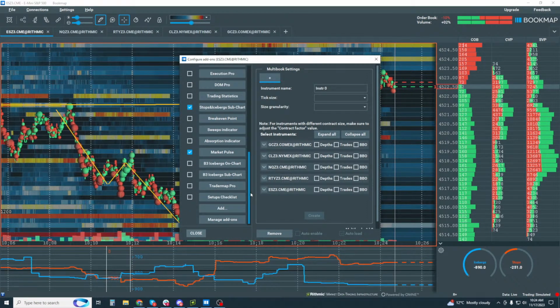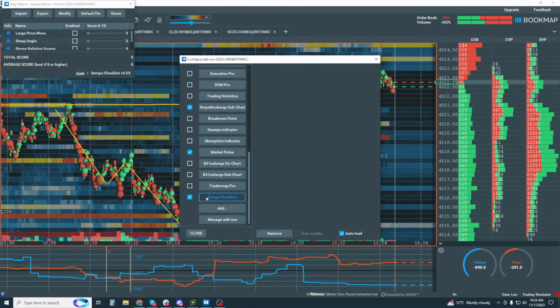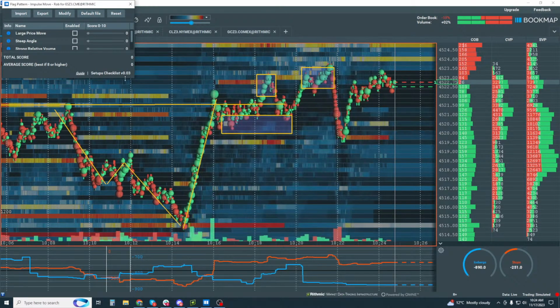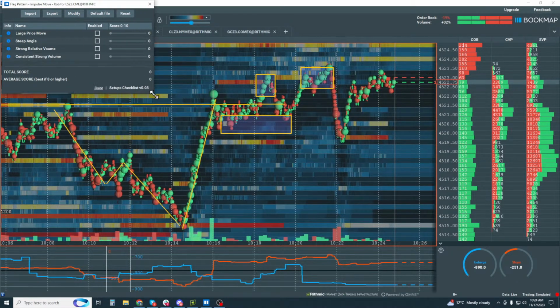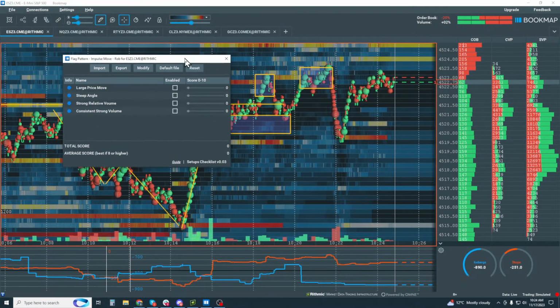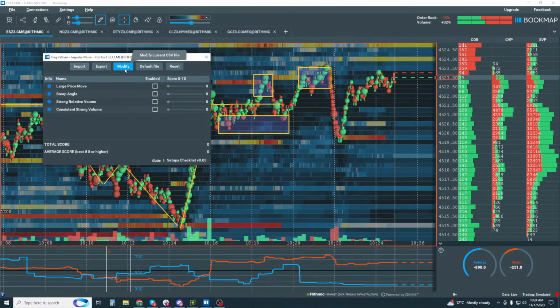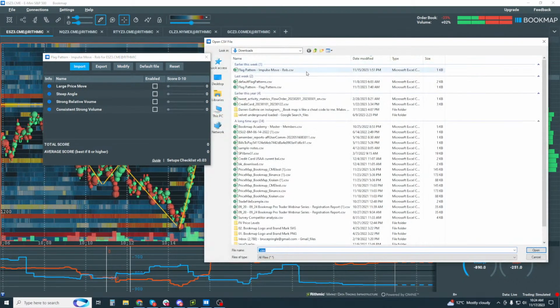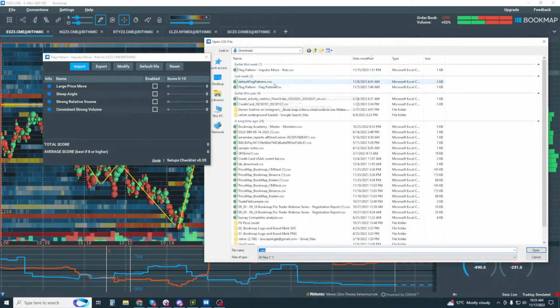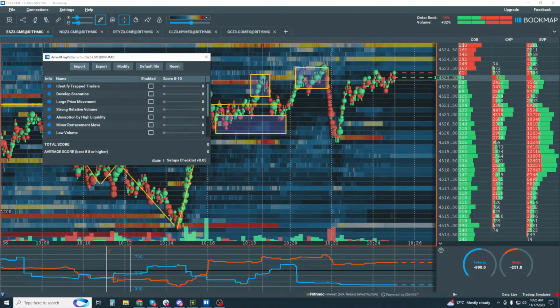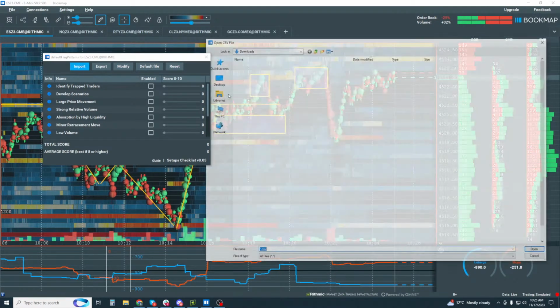It is the Setups Checklist. Open it up, and we can grade and check out our pattern on the fly as we're going through it. So let's import flag pattern default. No, not that one. Let's go with this one.